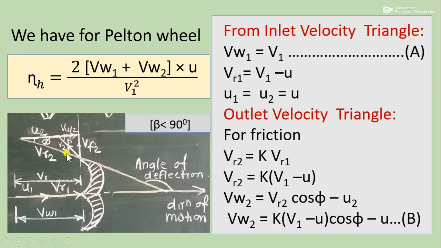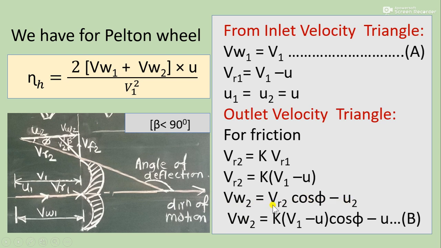At outlet velocity triangle, for friction we know that Vr2 is equal to K times Vr1. So Vr1 we can substitute as V1 minus u. So Vr2 is equal to K into V1 minus u. Now from outlet velocity triangle we can get relation for Vw2, that is Vr2 cos phi minus u2.